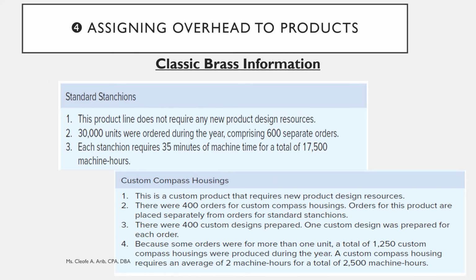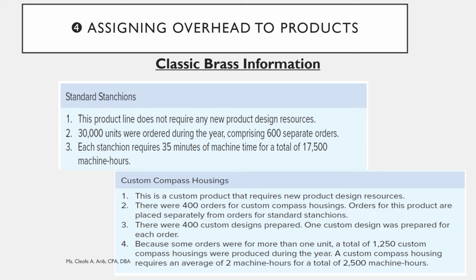The fourth step in the implementation of activity-based costing is what we call your second stage allocation. In the second stage allocation, activity rates that we have computed in step number 3 are used to apply overhead costs to products and customers.